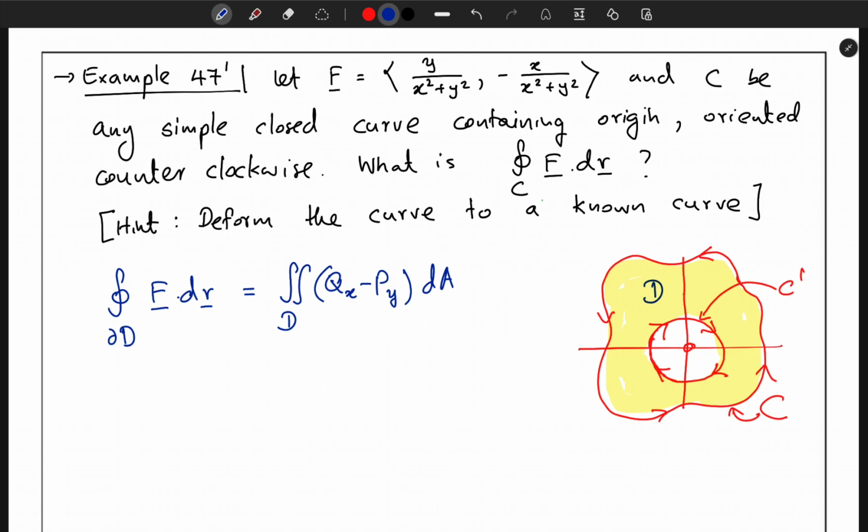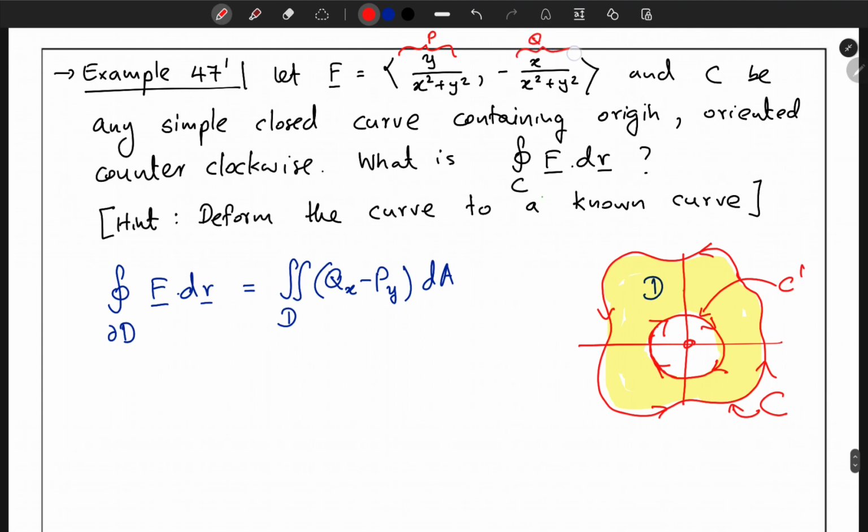Okay, so we need to find P sub y and Q sub x. What is P and Q? P is the first component and Q is the second component. P sub y, so differentiate the first component with respect to y, you should get x squared plus y squared on the denominator, x squared minus y squared on the numerator.